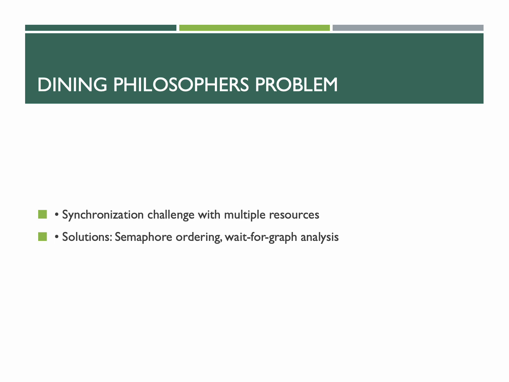Second is starvation. Some philosophers may never get a chance to eat if others keep acquiring resources first. Then concurrency, like ensuring that multiple philosophers can eat without conflicts.